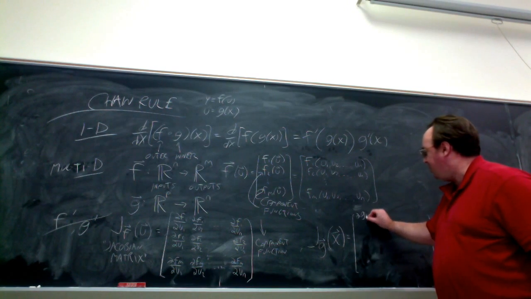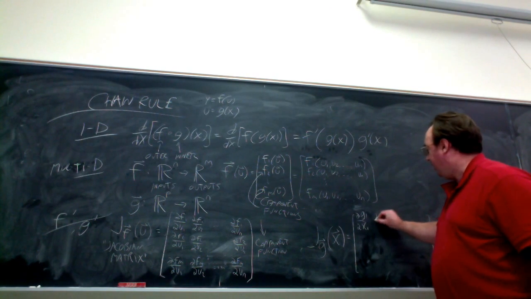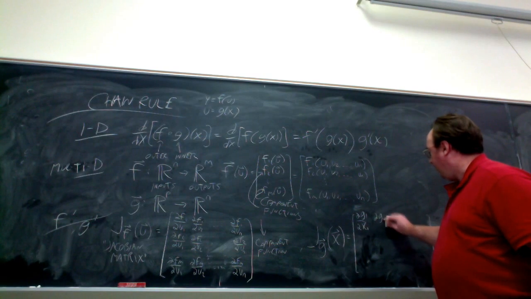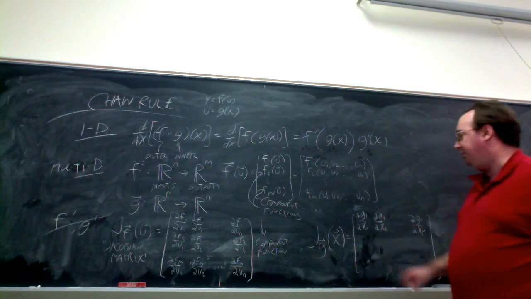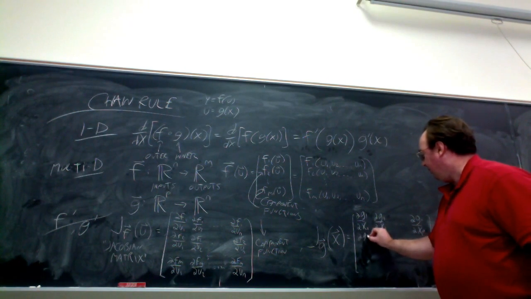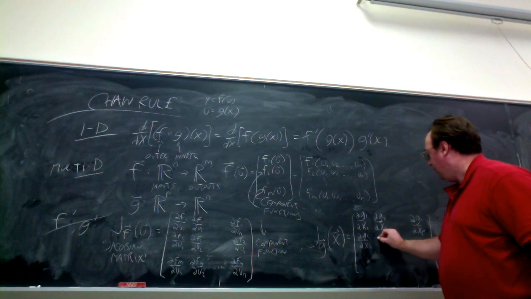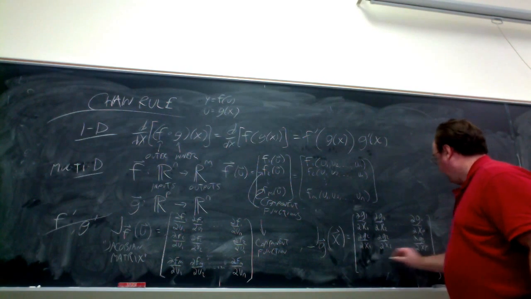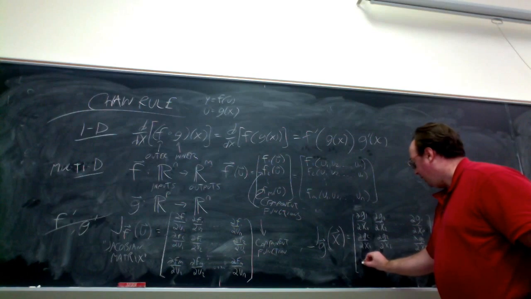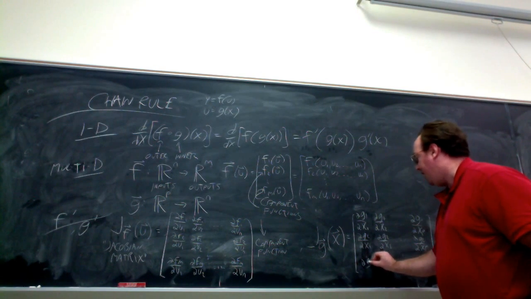So partial of g1 with respect to x1, g1 with respect to x2, and so forth, finally g1 with respect to xp, because we have p inputs. And then we keep going with g2, and so on, all the way down to the last row, where we deal with gn.